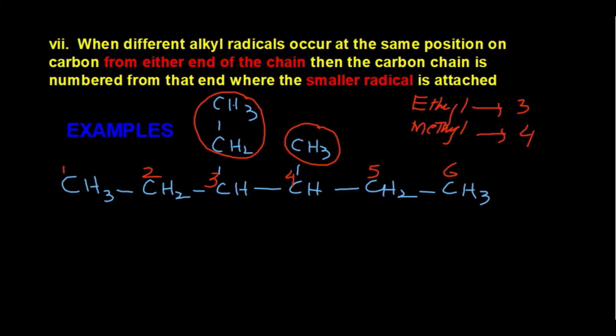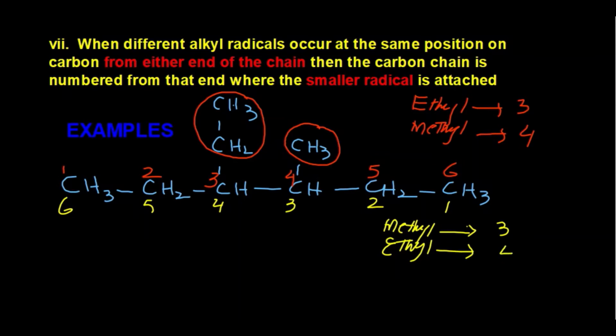But if we do the numbering from the right side, 1, 2, 3, 4, 5, 6, then the methyl radical is attached with carbon number 3, and the ethyl radical is attached with carbon number 4.